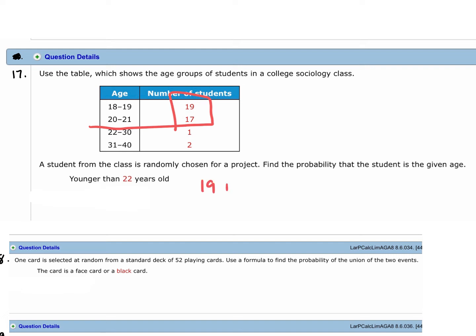So it'd be 19 plus 17. And then how many total do I have? How many students total? 39. So this would be 36 over 39. And then we can simplify this. So 3 goes into both numbers, so 12 over 13.